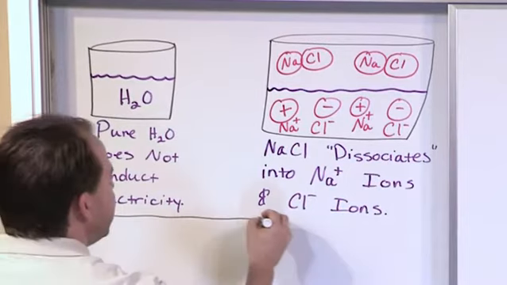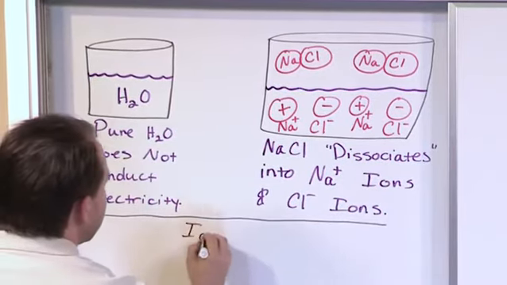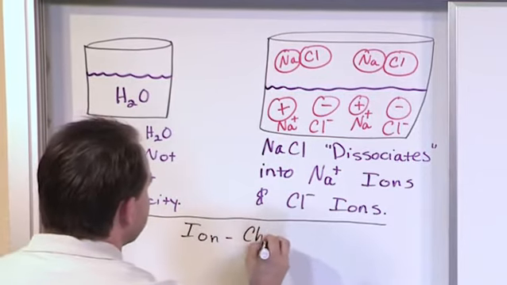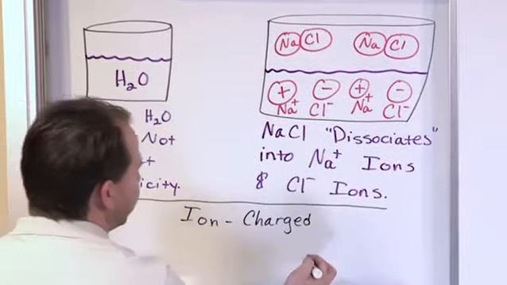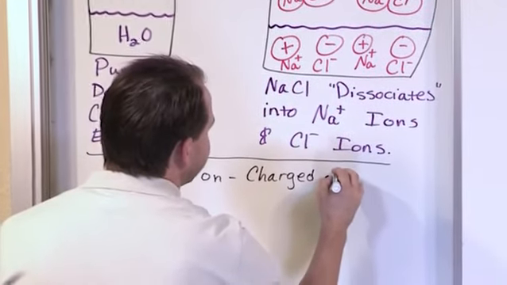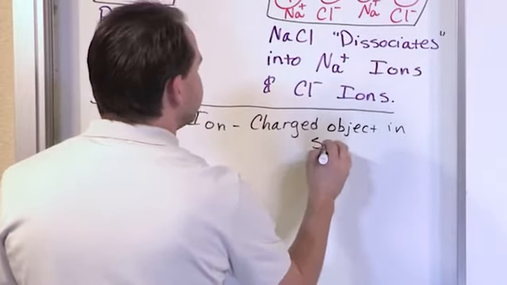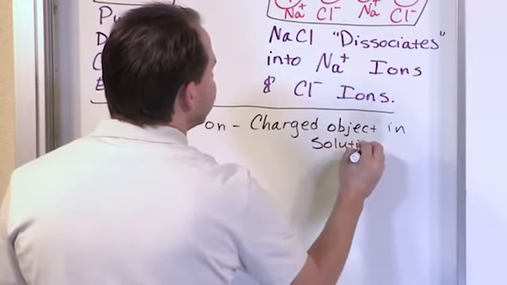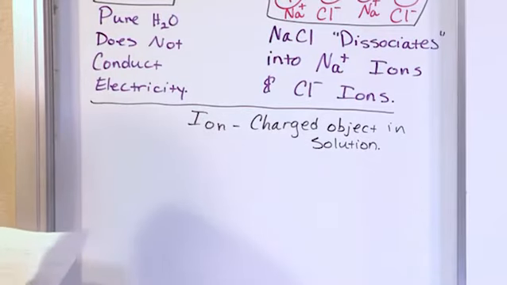Now, let me expand on this ion idea a little bit more. An ion is a charged object. In this case they're atoms and such, but I'll put object in solution. In the context of chemistry, when we talk about ions, we're talking about things that are charged, usually in a solution.